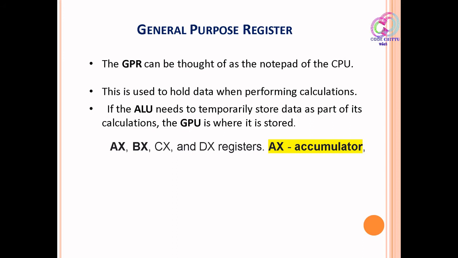Normally general purpose registers are used to hold the data when performing a calculation. Suppose I say add two numbers; while this calculation is done in the ALU, to store the result it will use the accumulator register, the special A register, and the default result will be stored in it.